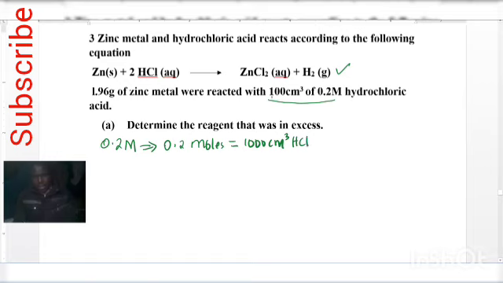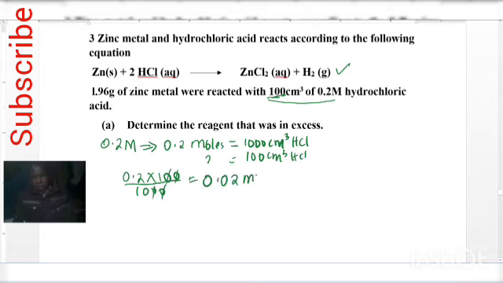So we will find out how many moles 100 centimeters cube of HCl will contain. That one will be 0.2 times 100 divided by 1,000. So moles, we will have 0.02 moles of HCl.